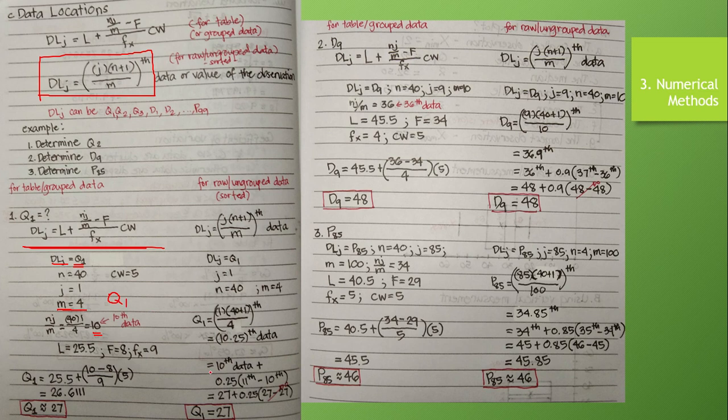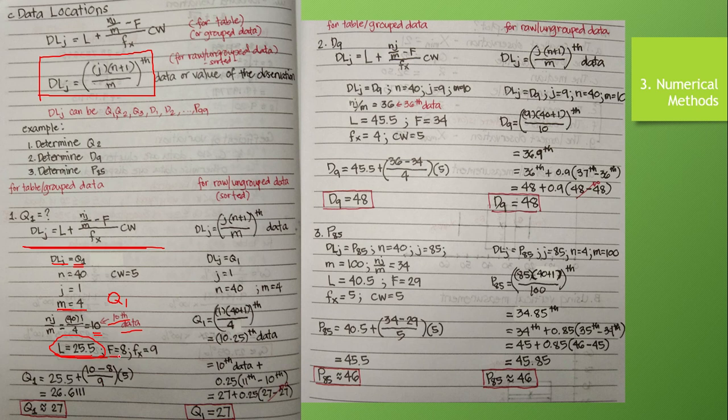So recall the table. Now, where is the 10th value located? Then after that we can get the class interval. Now the class interval where the 10th data is located, get the lower class boundary. Now get the lower class boundary, and that's 25.5.